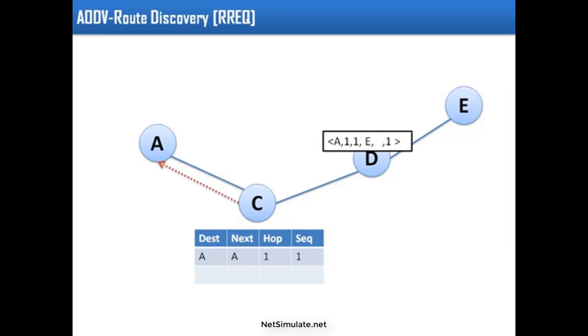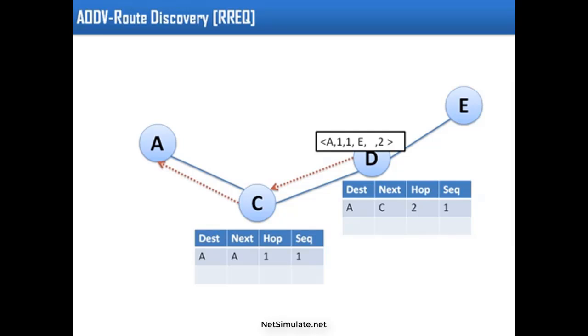D will check that the destination is E, so D also broadcasts this packet, and before that D also makes an entry. If this packet is coming from A from this side, D would know that in order to reach destination A we have to go to C, and from the hop count it will get the hop count information.